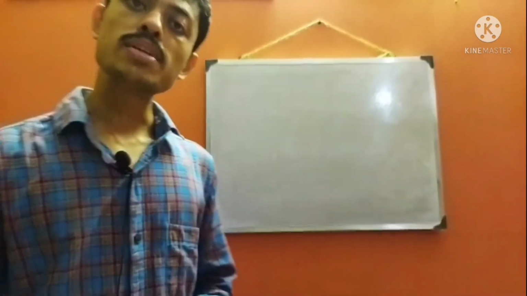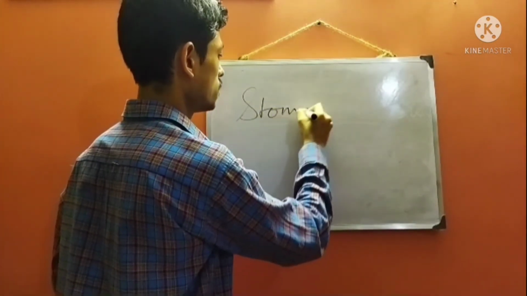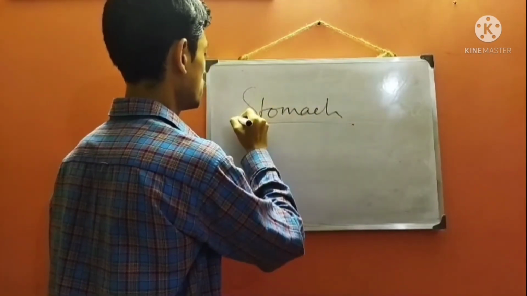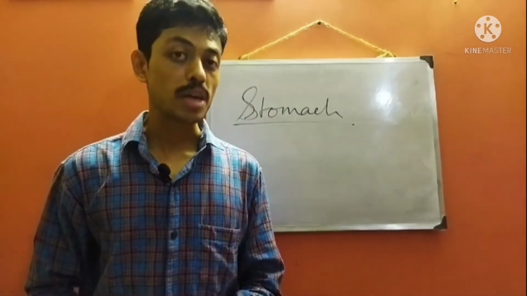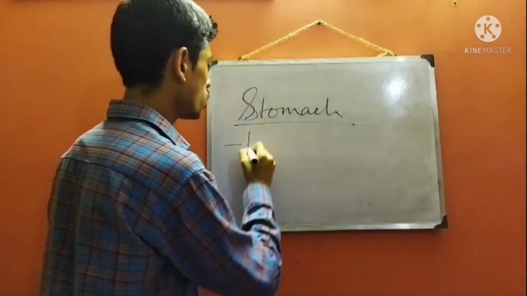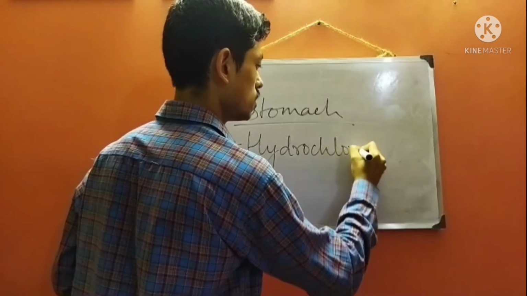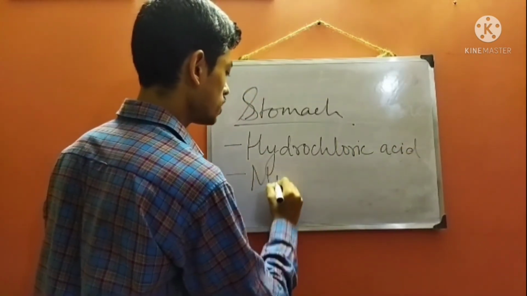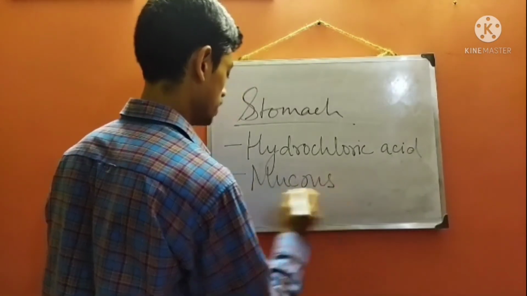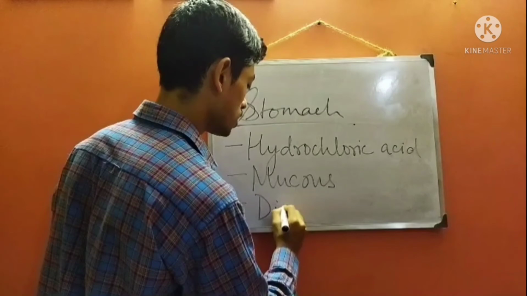Now, what happens in the stomach? The inner lining of the stomach produces hydrochloric acid, mucus and the digestive juices.